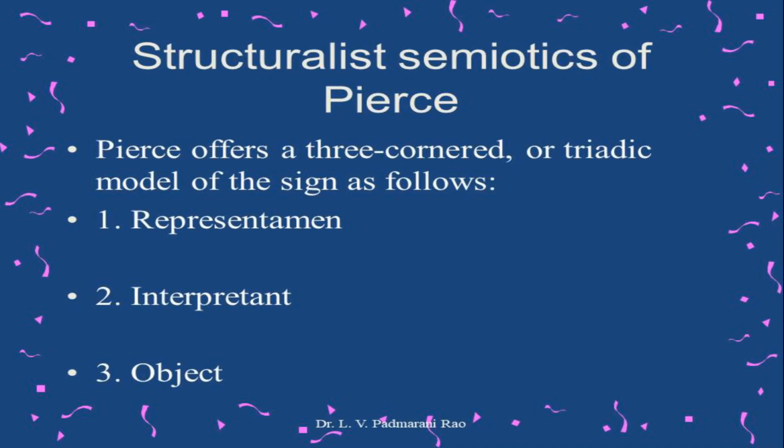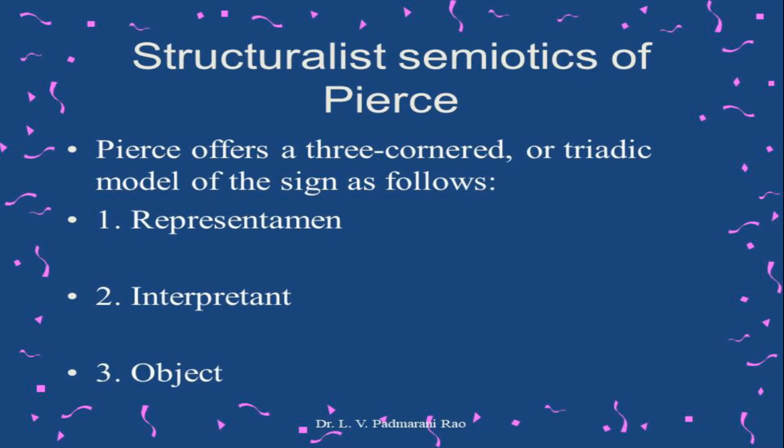Peirce offered a three-concerned or triadic model of the sign. The triadic model of Peirce talks about the representamen, interpretant, and object. These are the three important concerns of Peirce while understanding the meaning of a particular expression.